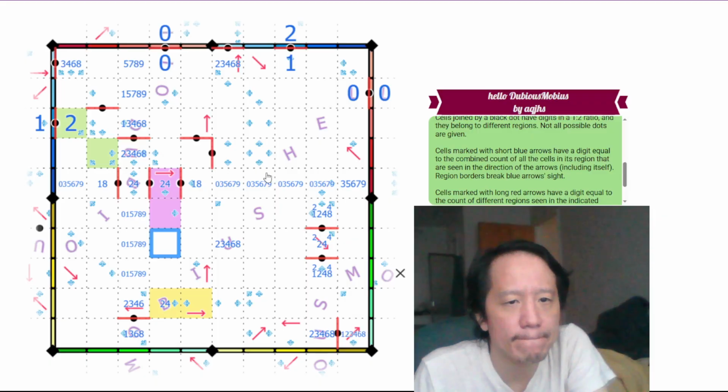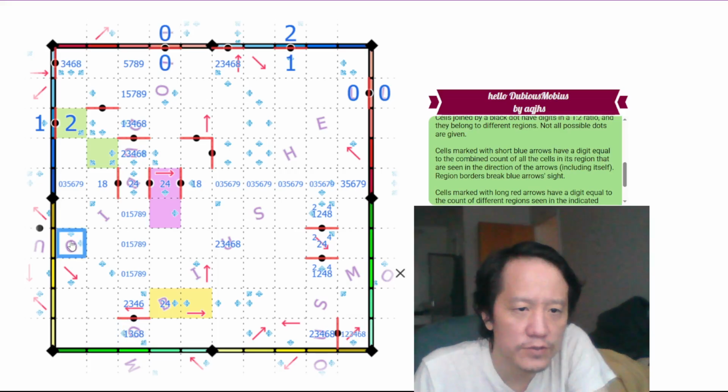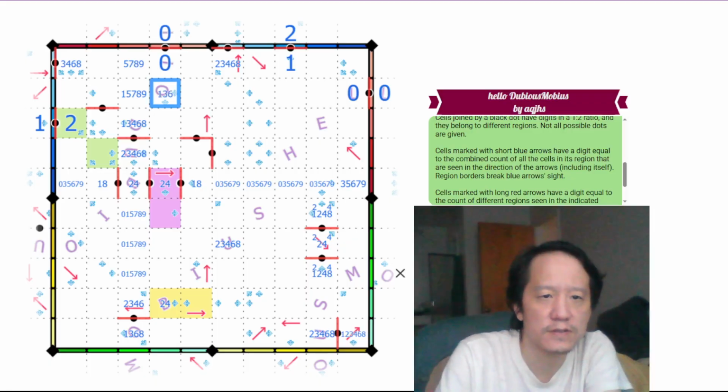This is O. So that matches here and here. So this is 1, 3, 6, or 8.